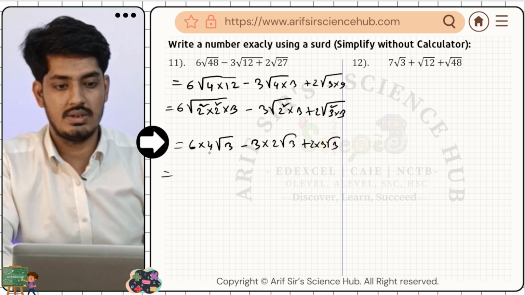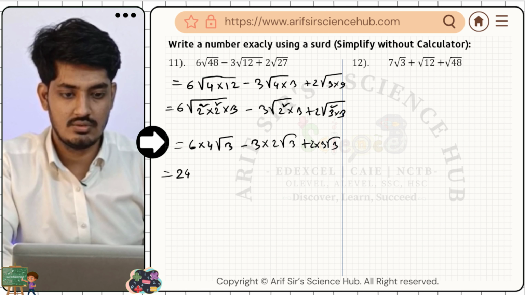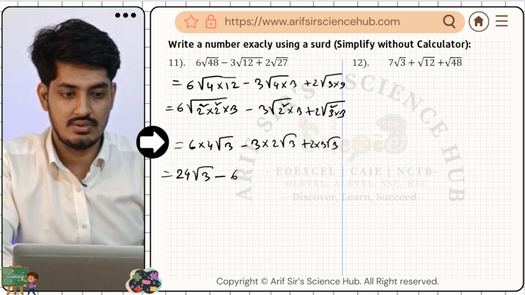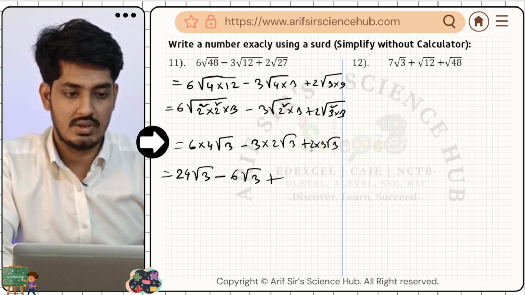Now if we multiply this 6 into 4, then it should be 24 square root 3, minus if we multiply this 3 into 2, that means 6 square root 3, plus if we multiply this 2 into 3, that means 6 square root 3.